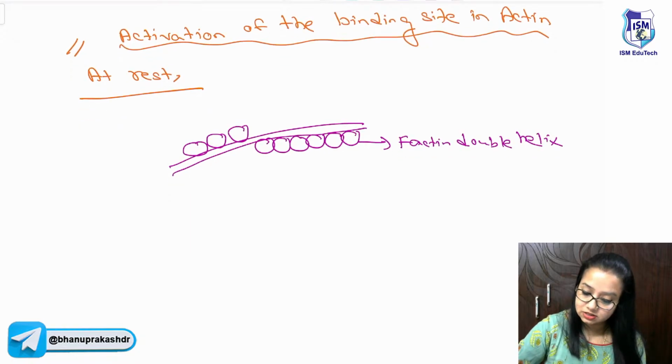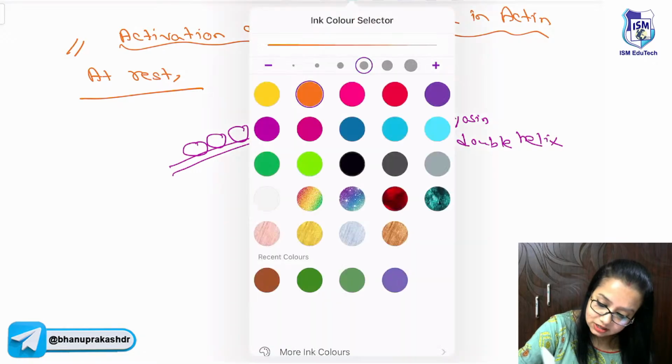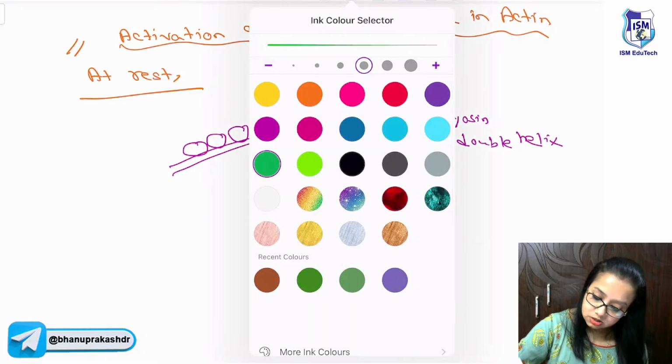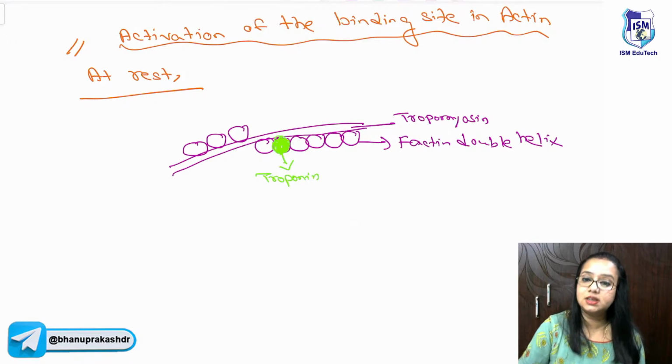And this one is tropomyosin, and there is a troponin molecule which is covering the active site of the actin.